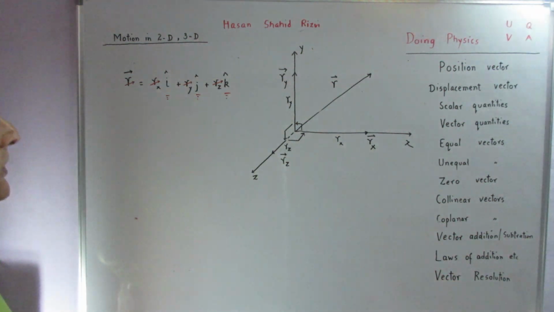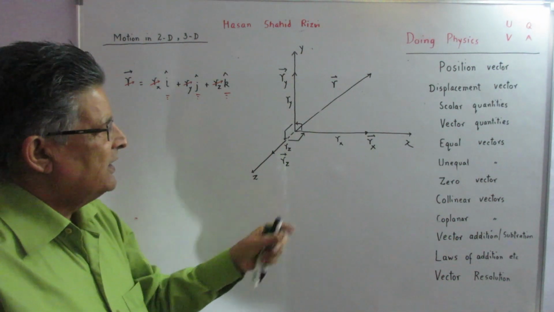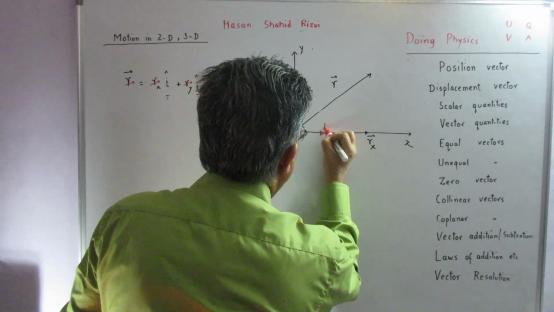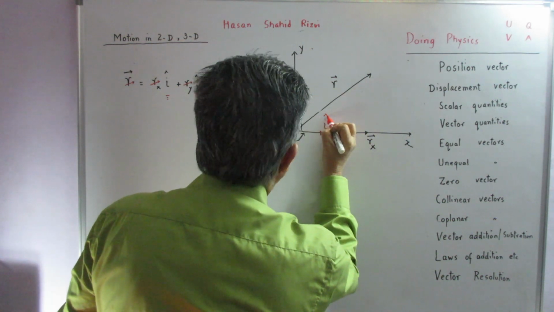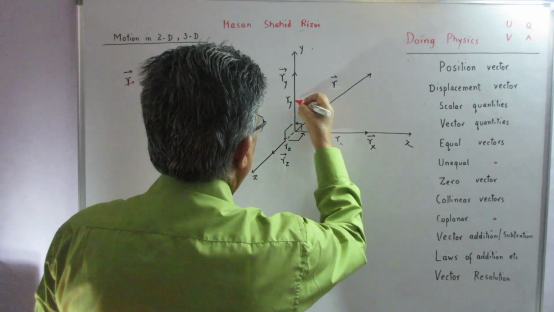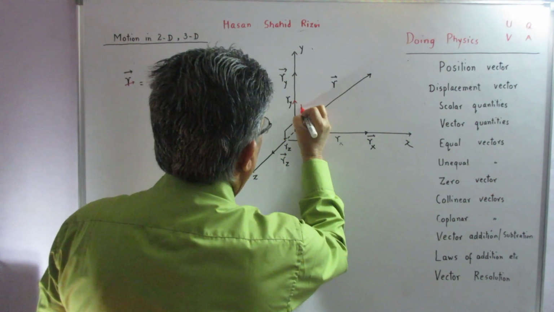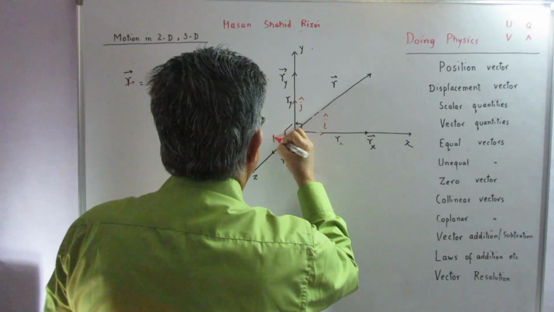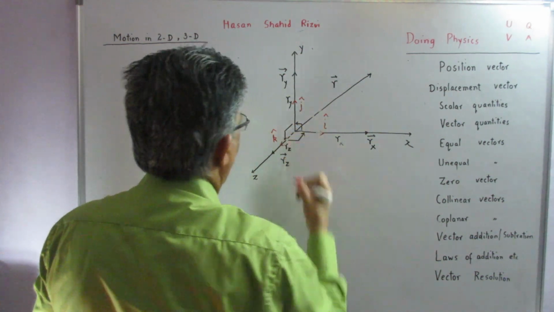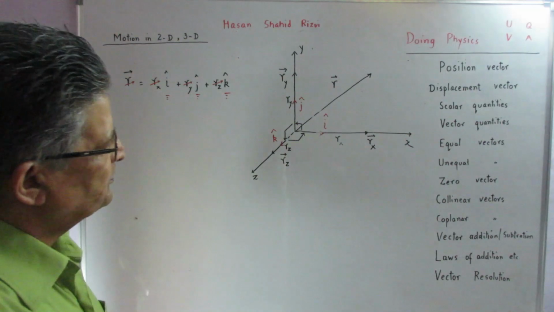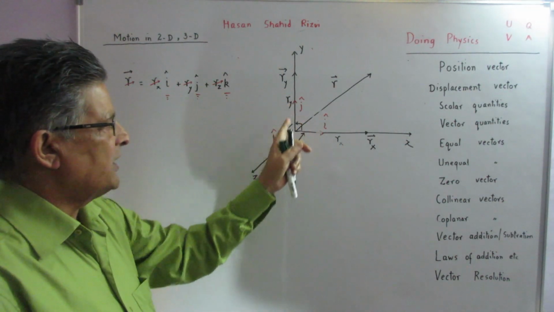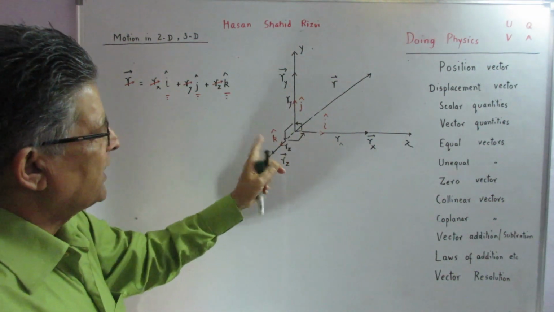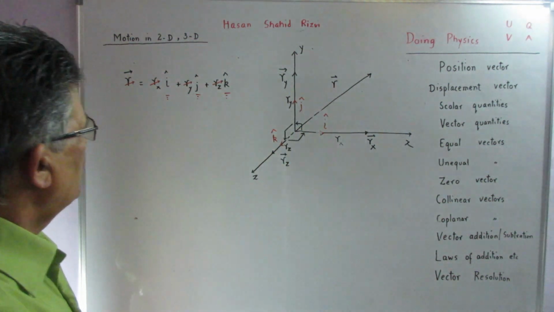Once the x, y and z axes are specified, then we have the specification i cap, the specification j cap, and k cap. So the values Rx, Ry and Rz can change. i, j and k remain the same.